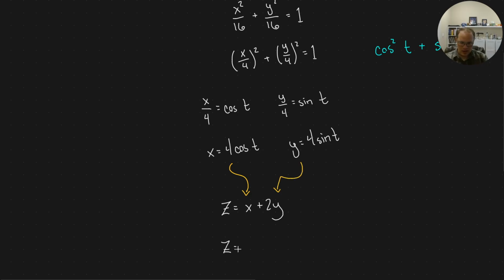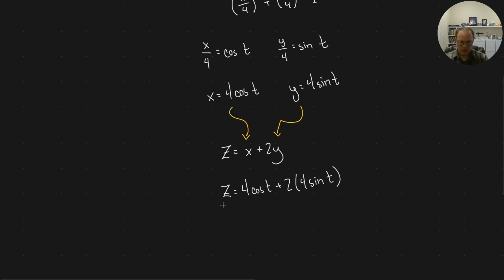I get z equals 4 cosine t plus 2 times 4 sine of t. Just tidy up a bit, I get 4 cosine t plus 8 sine of t.